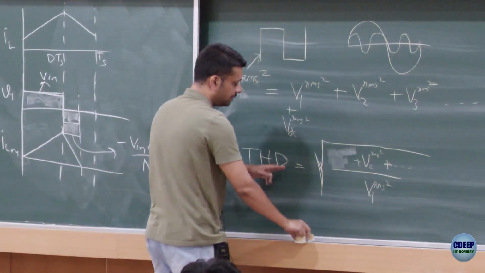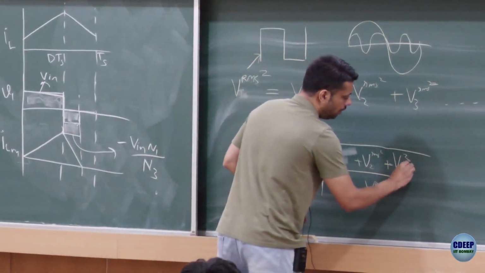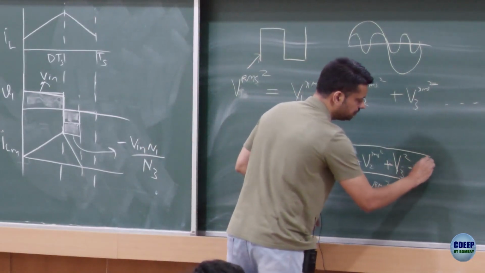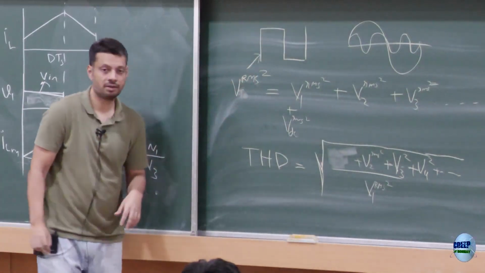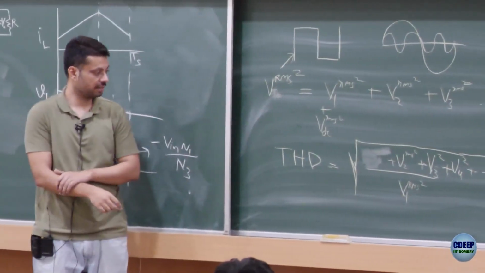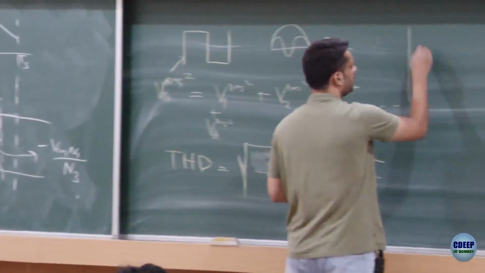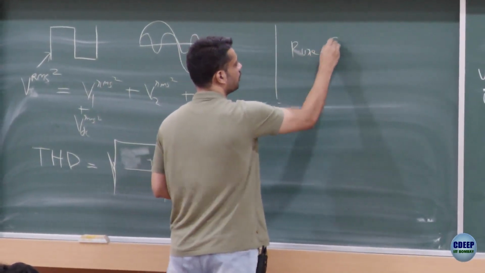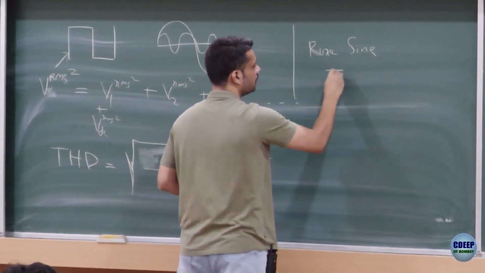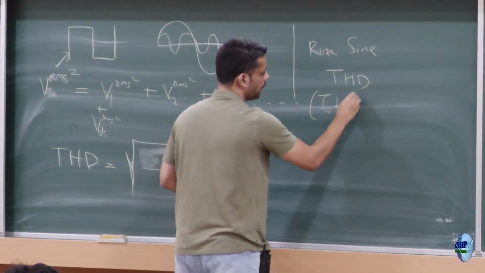So ideally, total harmonic distortion should be equal to 0. If you take a pure sine wave, you will get THD equals to 0.